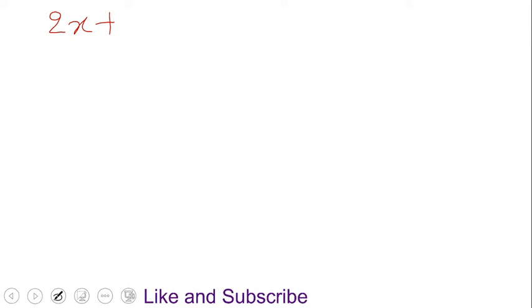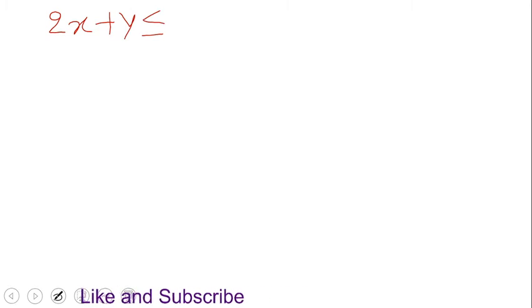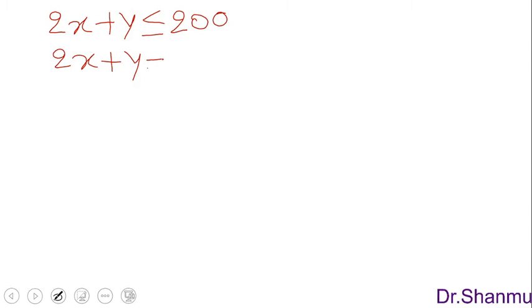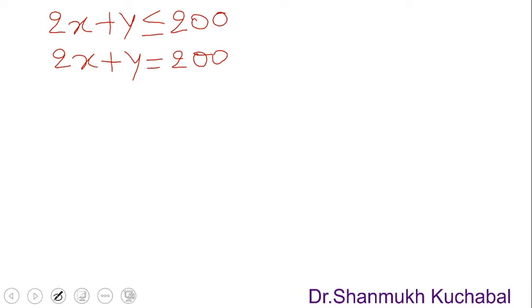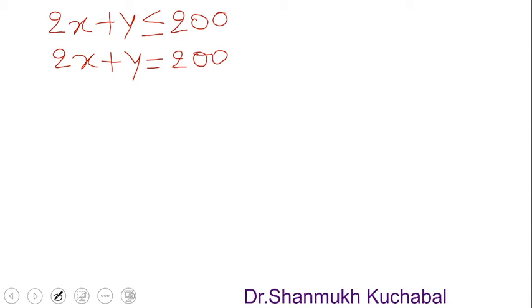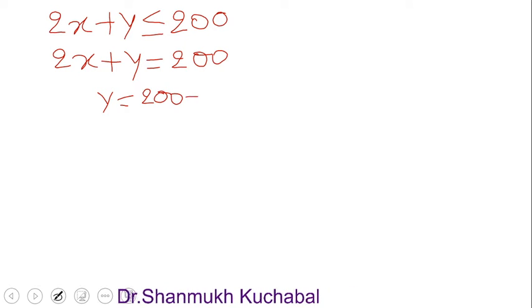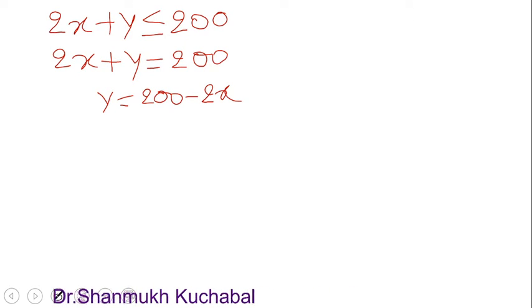Now we'll consider the third equation. The third equation is 2x plus y less than or equal to 200. Further, the inequality is there, so we have to take the equality sign: 2x plus y equal to 200. Further, we have to find the solution for y, so y equal to 200 minus 2x.